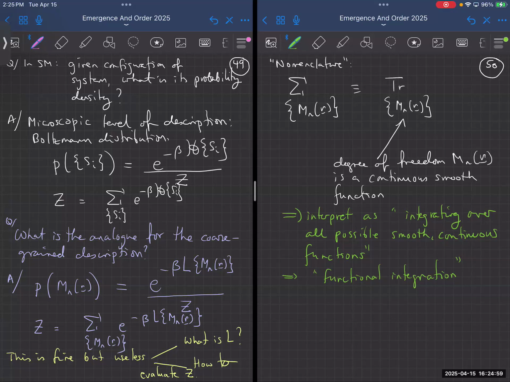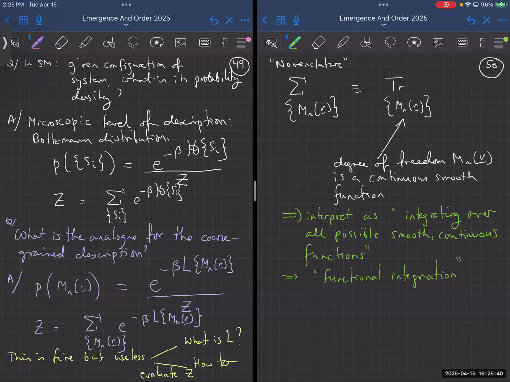Conceptually, whereas before we summed over all possible configurations of the spins, with n spins each having two states, giving 2 to the n possible configurations, if I have a continuous function in space, I have an infinite number of possible smooth functions. We're going to have to figure out a way to make this a meaningful mathematical concept, and I'll show you how to do that. It's not as bad as it sounds. Any other questions?